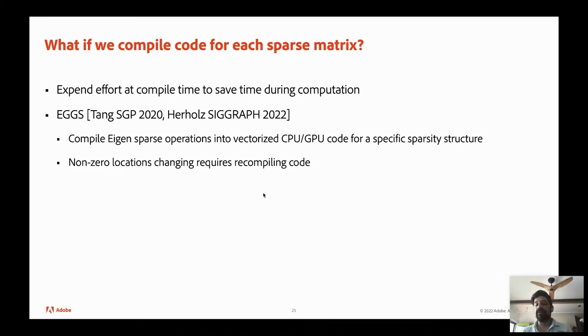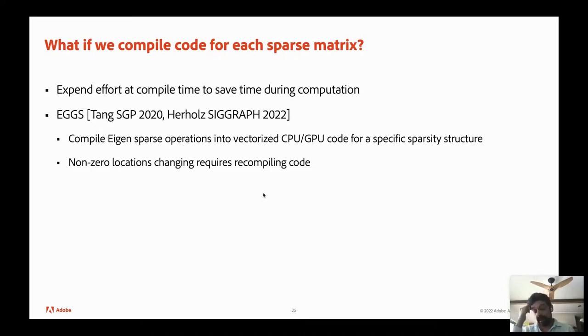If we change any of the values, that's okay. But if we change the locations of those values, then we have to recompile the code. And that actually applies to several areas in simulation and other domains where we may be using the same sparse matrix structure repeatedly to perform computations.